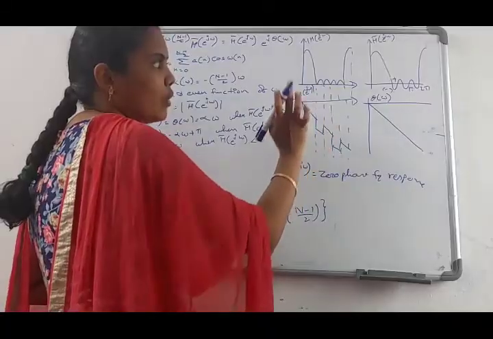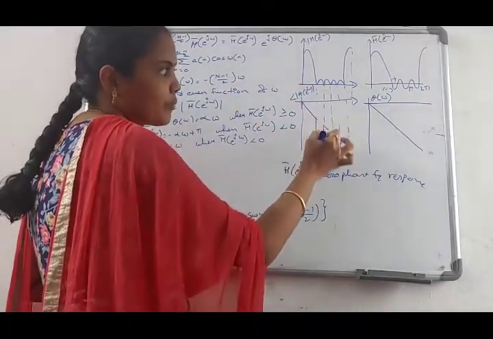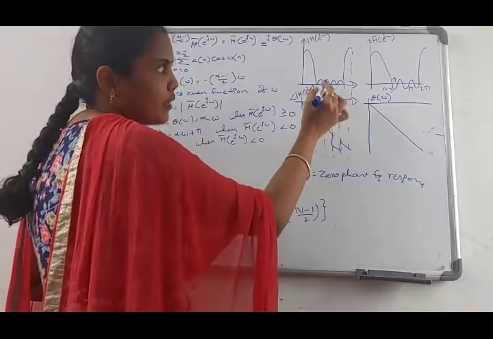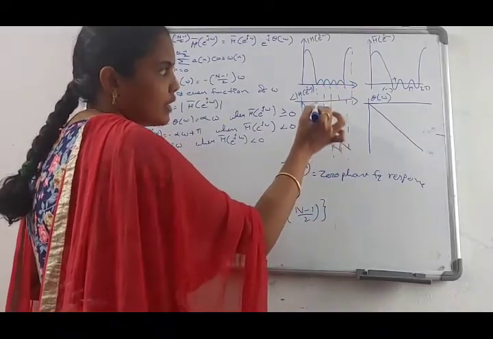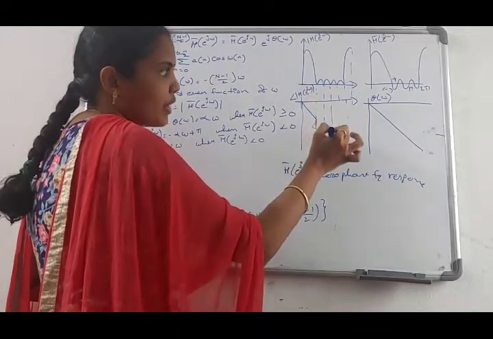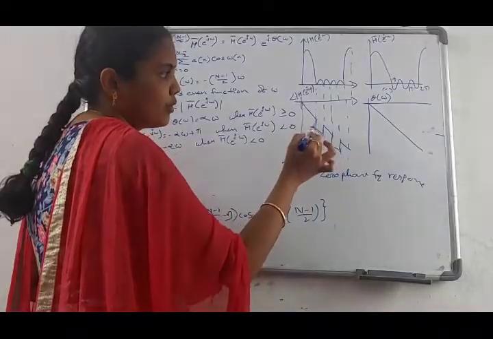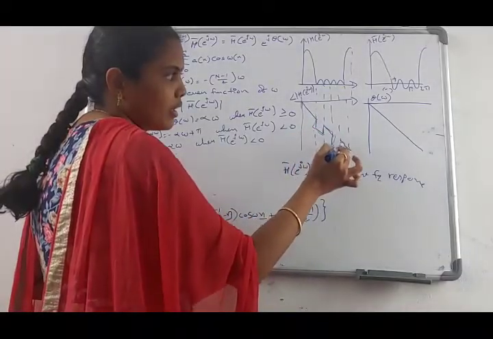Now see the angle, so you have to draw the dotted lines. Here there is a positive response, this is the positive peak, so you draw dotted lines where you get the positive peak.